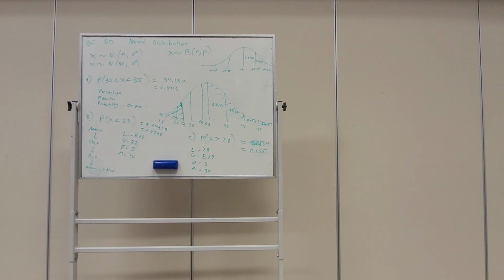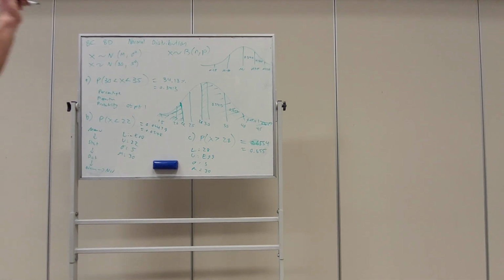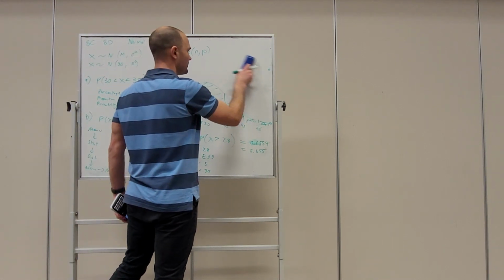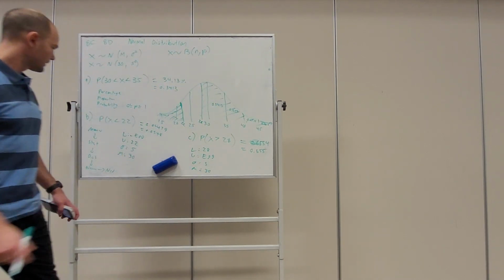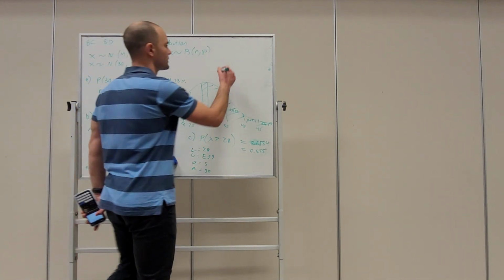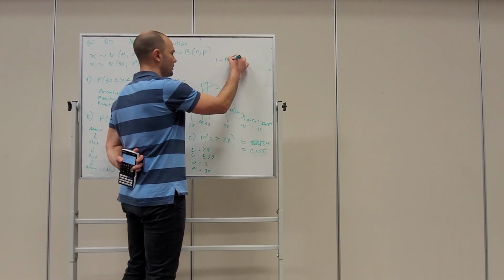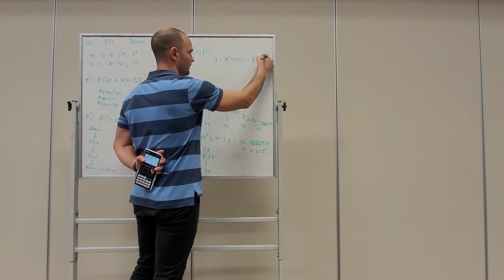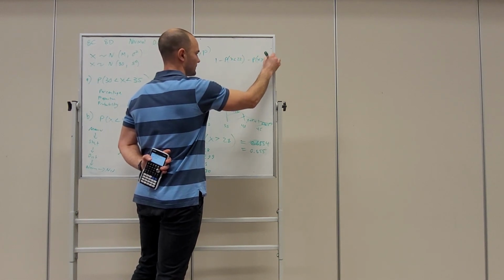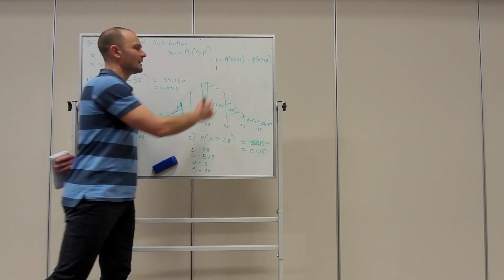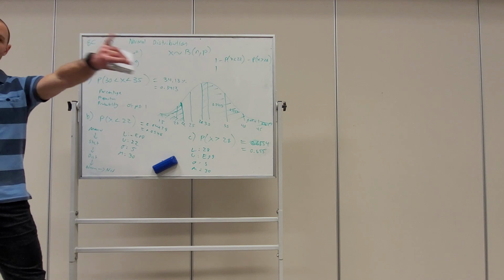Okay, now last one. Evaluate 1, take away the probability found in B, take away the probability found in C. So it says 1, take away the probability of x being less than 22, take away the probability of x being larger than 28. Okay, so if we evaluate that, what we have is 1 is the probability of all events.